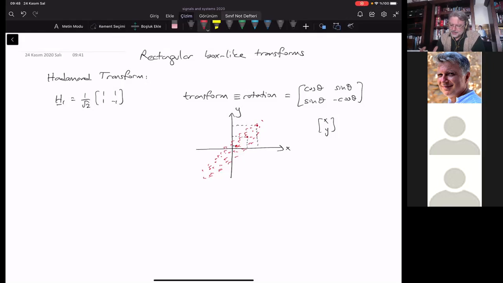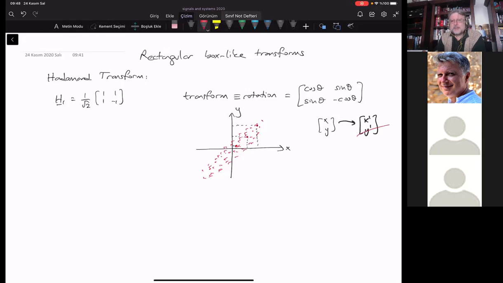Nevertheless, if we have strong correlation, we have this kind of a thing, and suppose that you want to chop off one of the coefficients after the transform. We want to rotate this into an x prime, y prime, and we want to eliminate one of them for compression purposes, let's say.